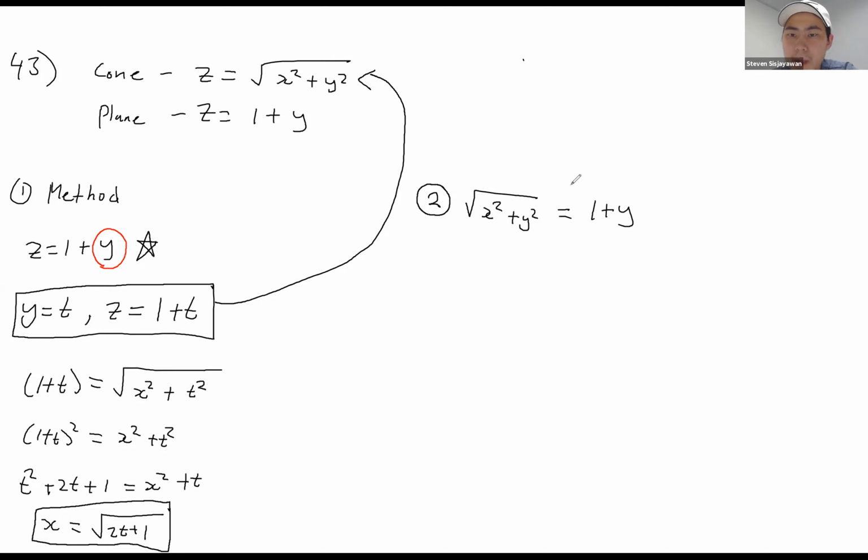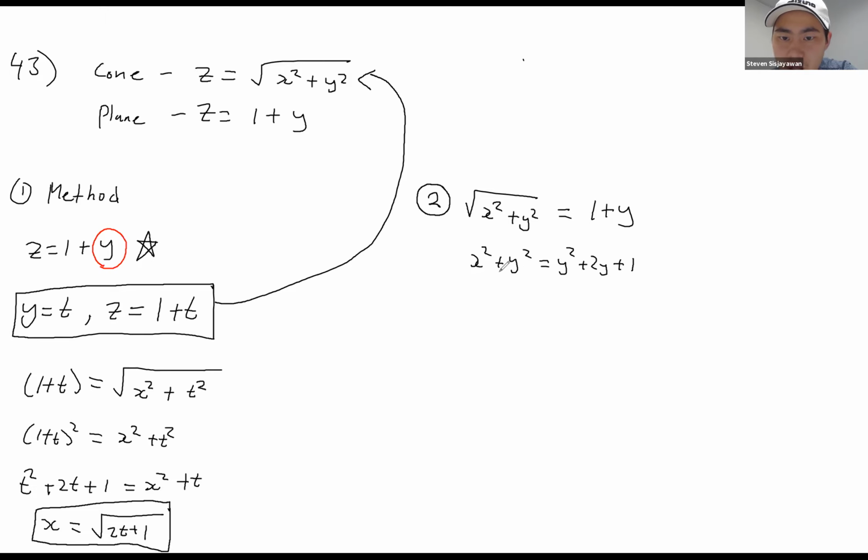From that, you can single out for y, or expand this out. So I can square both sides: x squared plus y squared is equal to y squared plus 2y plus 1. And you can single out for one of the variables.